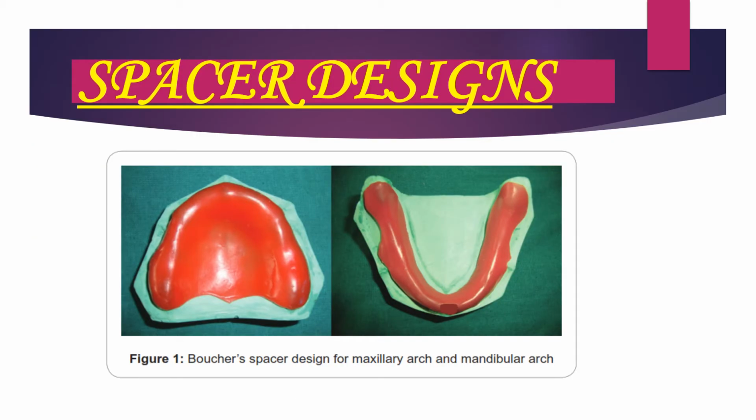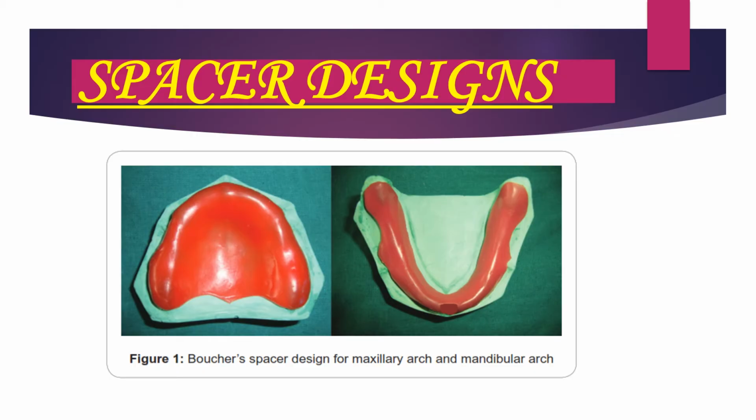So coming to the various spacer designs. First one is Boucher's spacer design for the maxillary arch and the mandibular arch based on the selective pressure technique. He advocated the placement of 1 mm base plate wax on the entire basal seat area except PPSA. According to him, PPSA will act as a guiding stop to position the tray properly during the impression procedures.